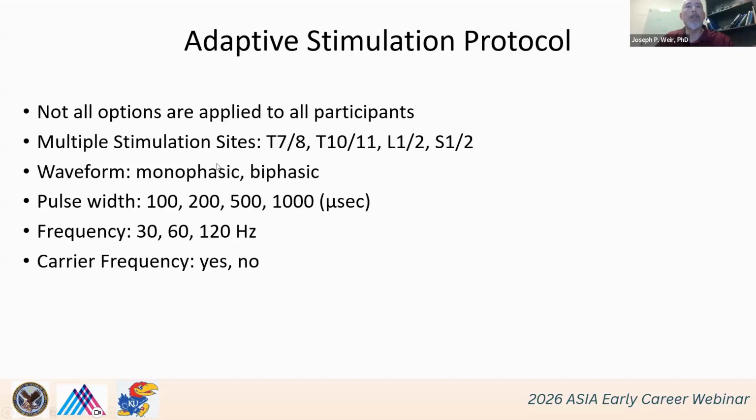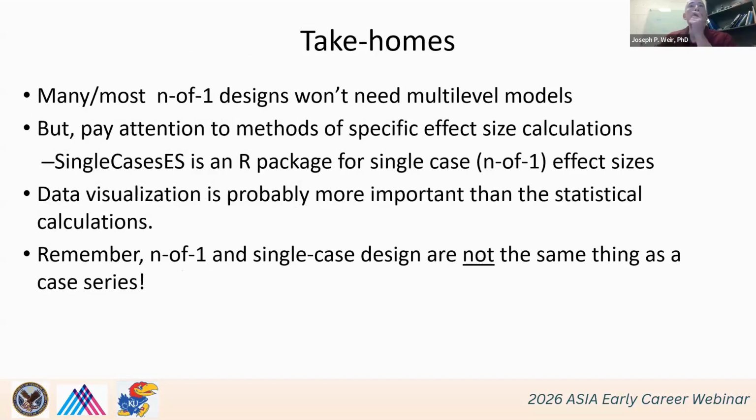So if you're trying to do this in a traditional experimental model, you've got a whole lot of different cells here, and you'd have to simplify your study, as Noam pointed out, because you couldn't look at all these possible combinations. And in fact, with the single case study, we're not applying these to all the participants. Okay.